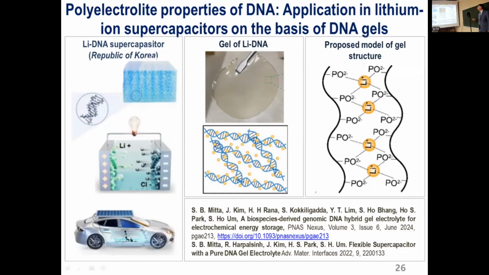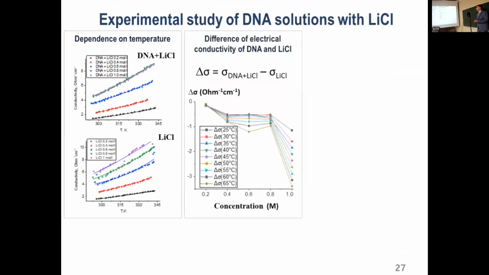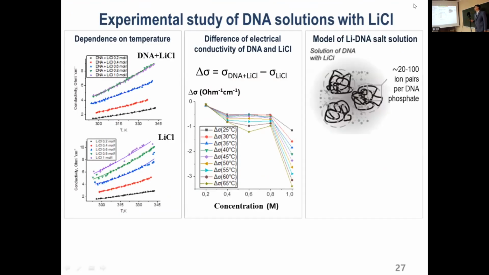it is very important to understand the structure of the system, the structure of DNA with lithium, and in this case, it is important to do additional experiments, and we collaborate with our colleagues from Taras Shevchenko University, from the physics department, and we analyzed the conductivity of the system of DNA with lithium, and we found that DNA constrains lithium ions essentially.